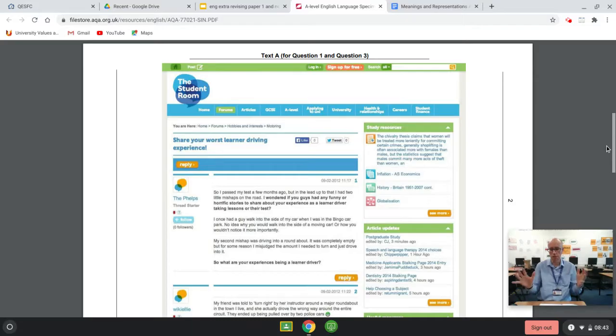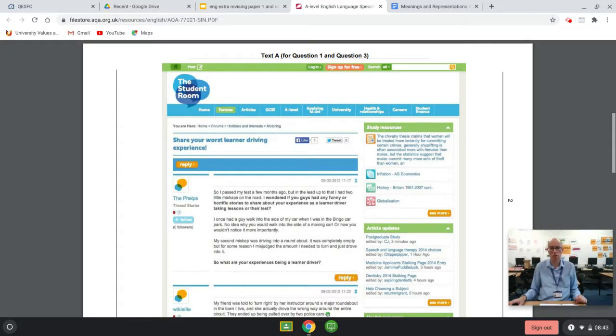Notice what I said about it being very colourful. They like texts like this. They look like these blended mode texts where there's lots of colour and font sizes and font differences. But remember what I said: don't get dragged into talking too much about graphology, because really that's not to do with language features.